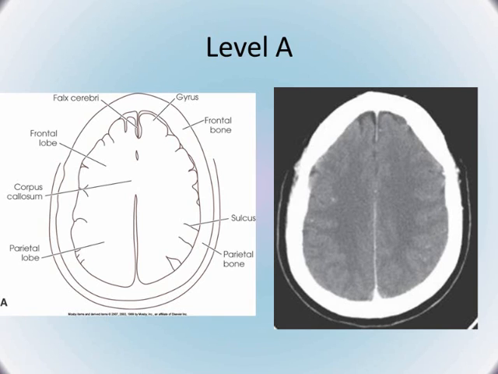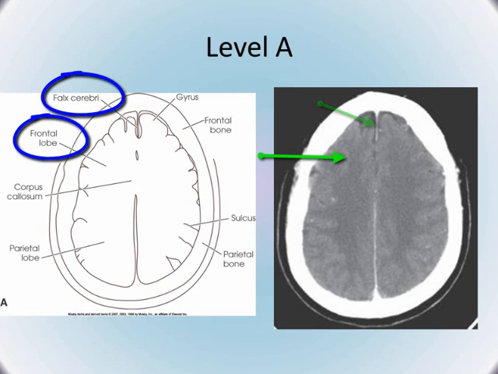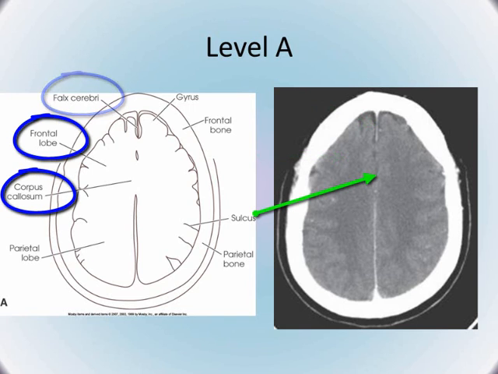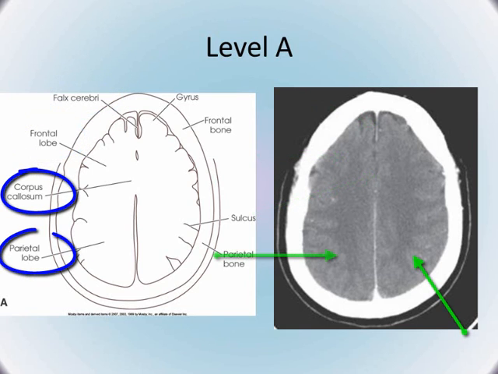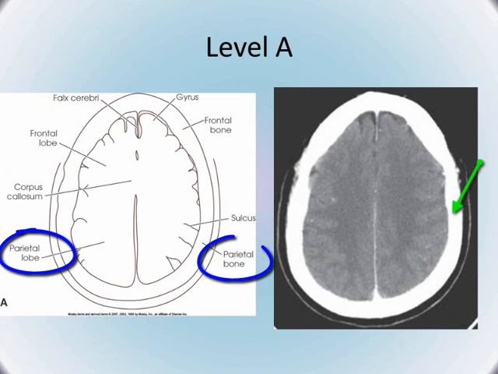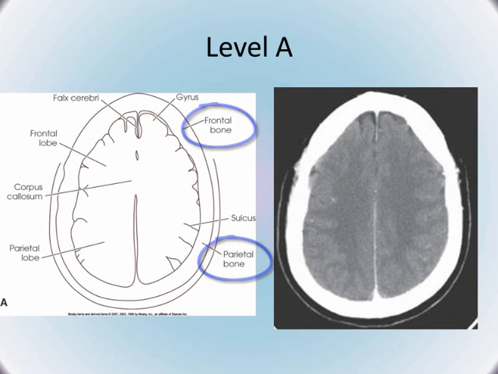To start off with, we have the falx cerebri, the frontal lobe, the corpus callosum, the right and left parietal lobes, the parietal bone, and the frontal bone.